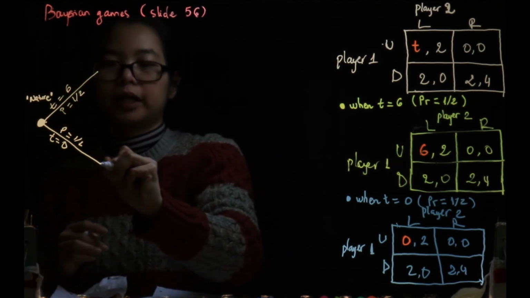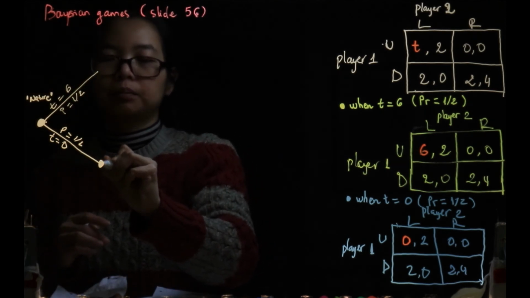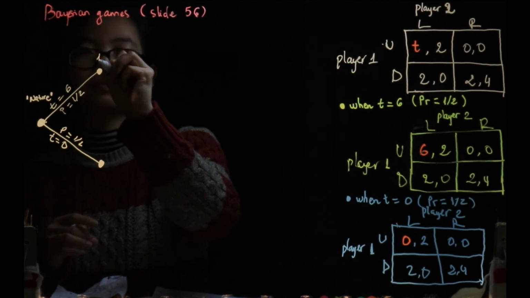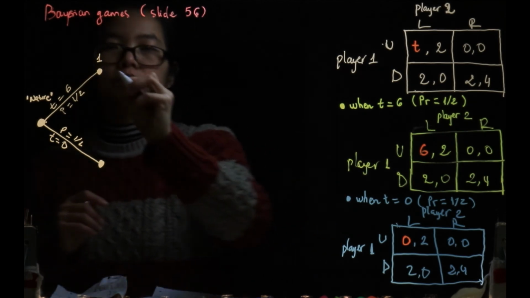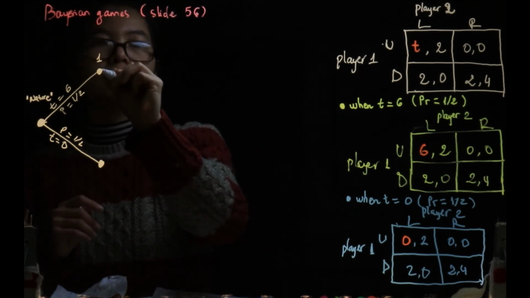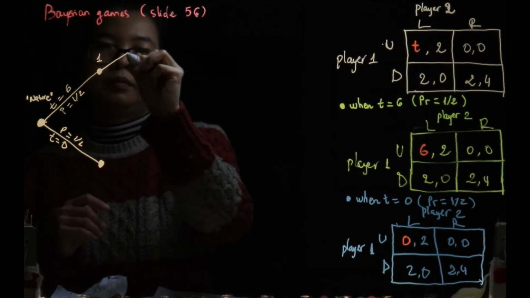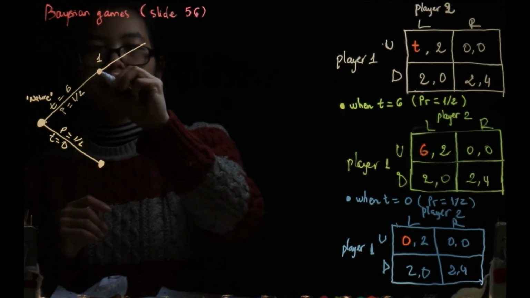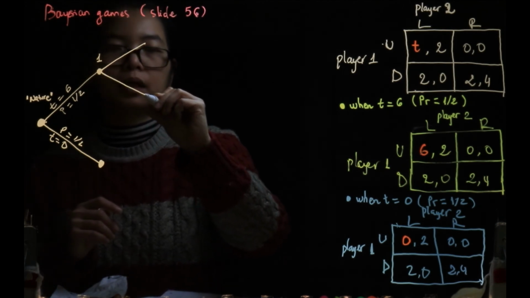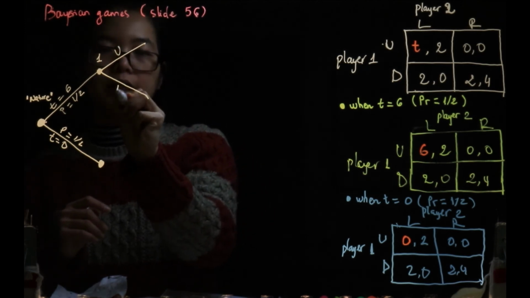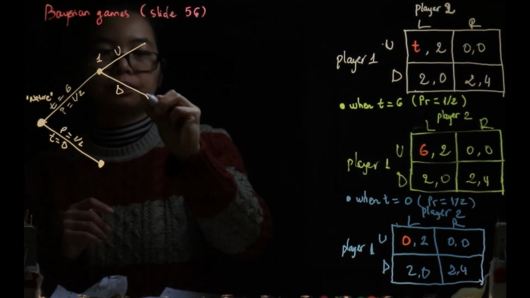Now comes the decision node of player 1. Contingent on his type, player 1 could play up or down.